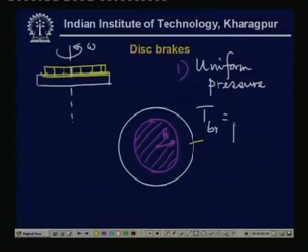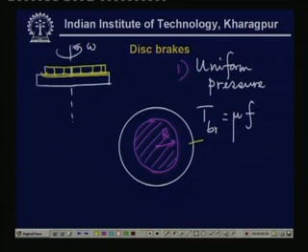mu times F, where F is the total force applied.